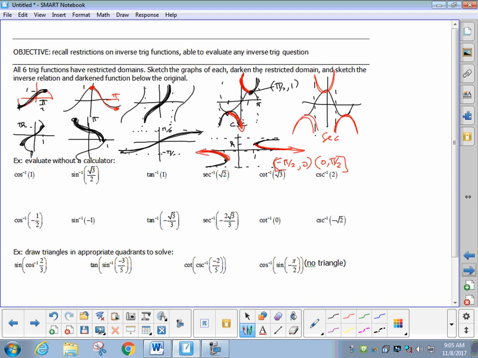Now, we talked about how on cosine we went only from 0 to pi. So our inverse will be only from 0 to pi. So we're going to restrict it from 0 to pi. So the inverse then will be kind of, what's this?